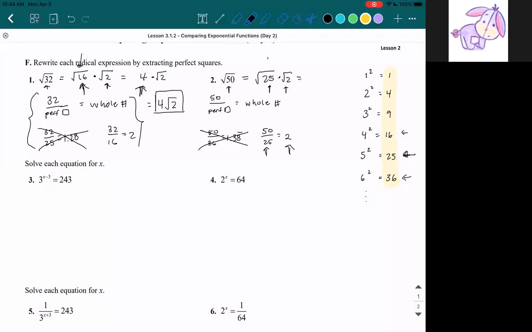And remember, the square root of 25 is a perfect square, so we know the square root of 25 is simply 5. And then you don't have to write the multiplication symbol. You can just write 5 square root of 2, 5 times square root of 2. But you don't have to write that it's being multiplied, because when you write stuff right next to each other, that's multiplication, just like 3x is 3 times x. 5 square root of 2 is 5 times square root of 2. And so this is our final answer.